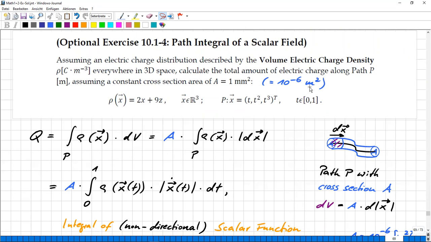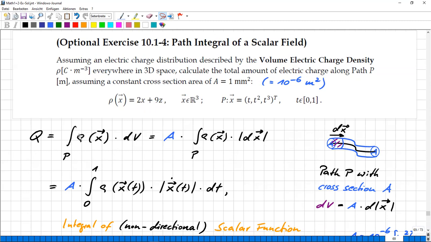That's okay. And then we can start by saying, since this is a non-directional property, as you see, the rho of x vector function equals 2x plus 9z. There is no y contained. Well, that's the way it is. But as you see, this contains no directional information.